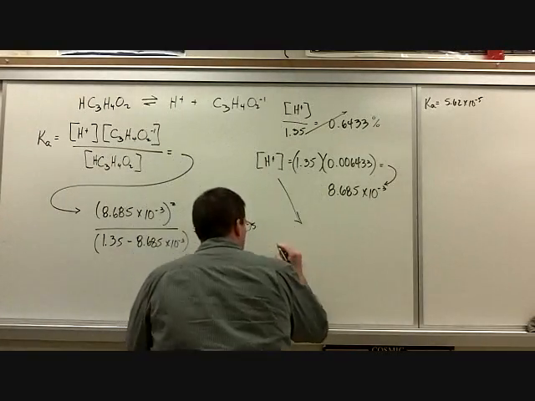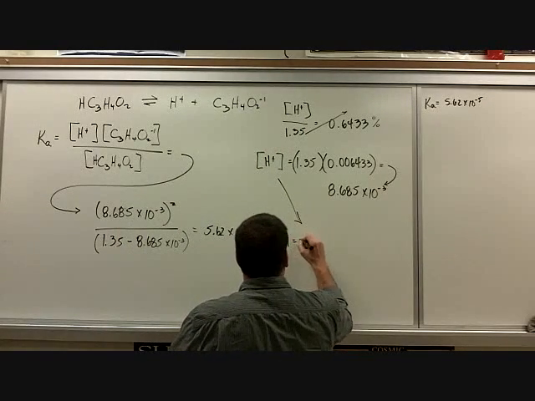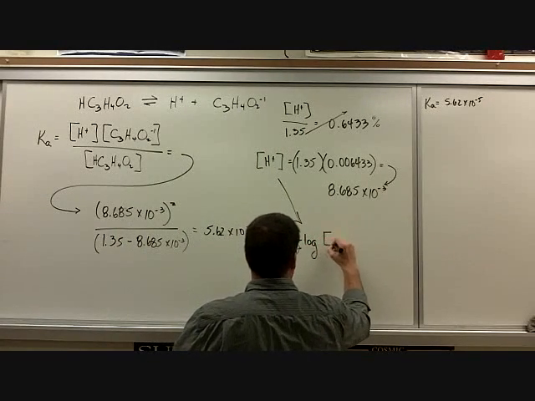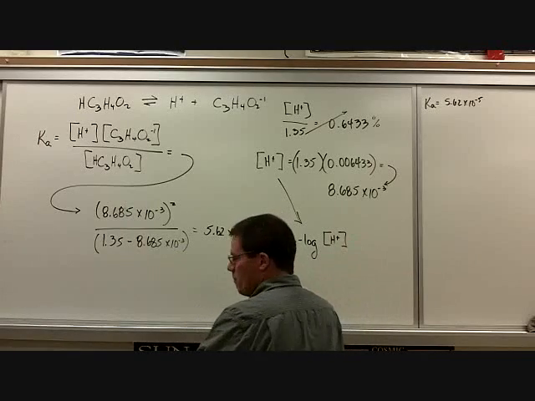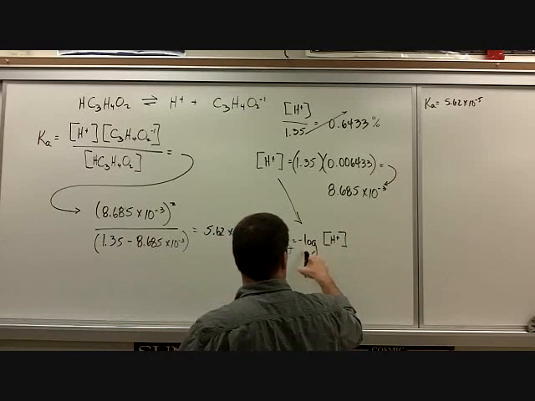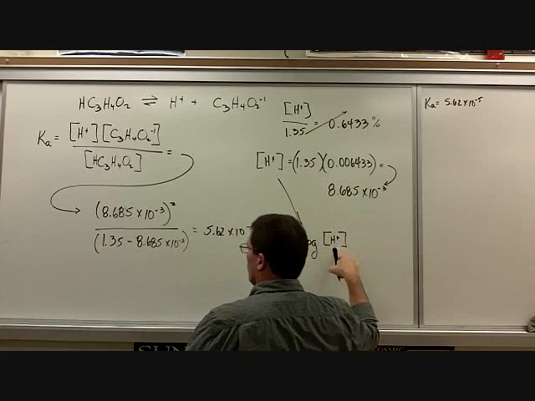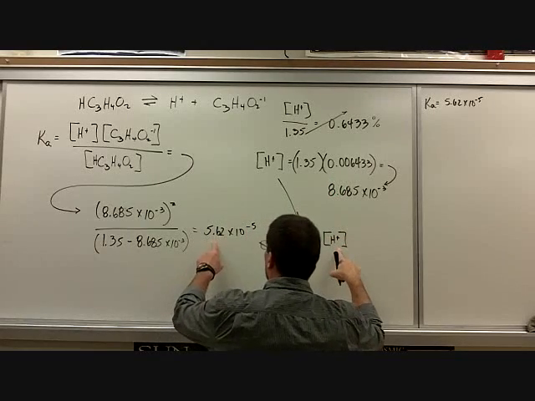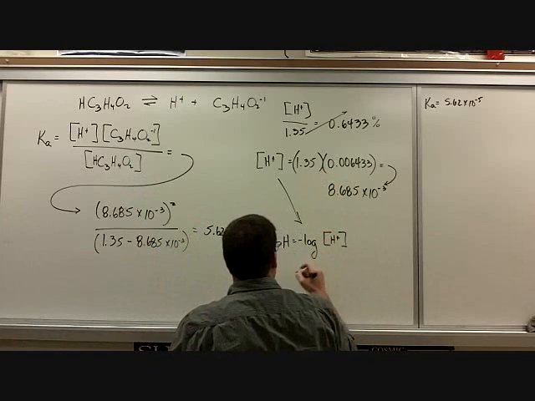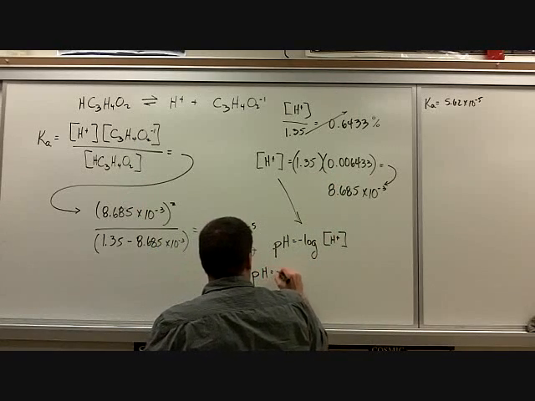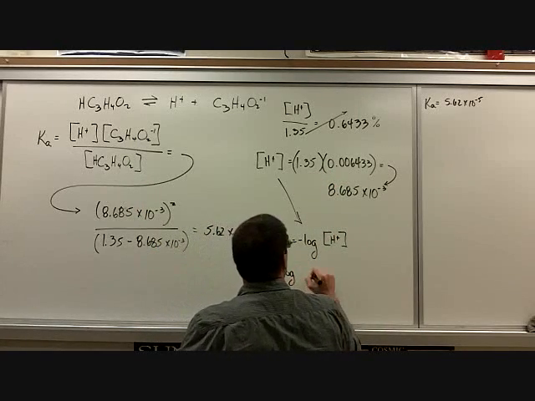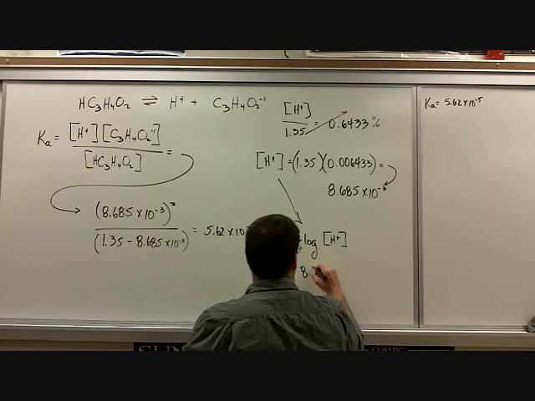So pH is the negative log of your hydrogen concentration. That's one reason, and you guys might get tired of seeing me write that, but I'm always going to write that, because by doing that, that makes me stop for just a moment and say, wait a minute, that's the Ka. I really want that value. And if I can get you to stop for just a moment, it's probably going to save you quite a few points.